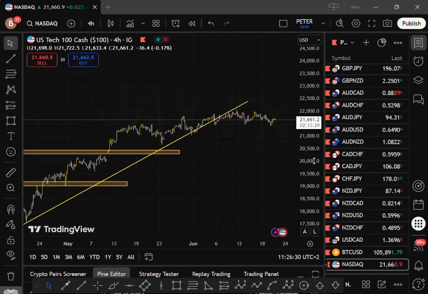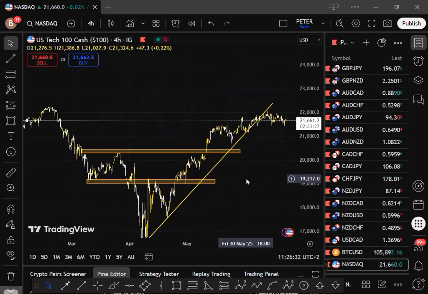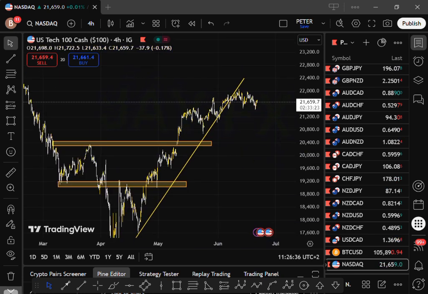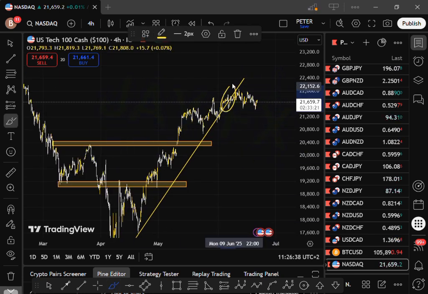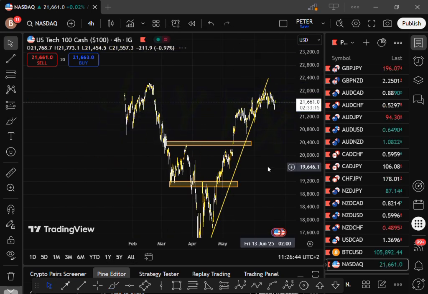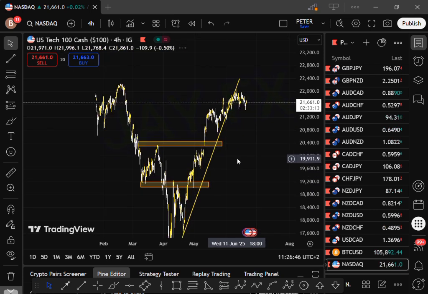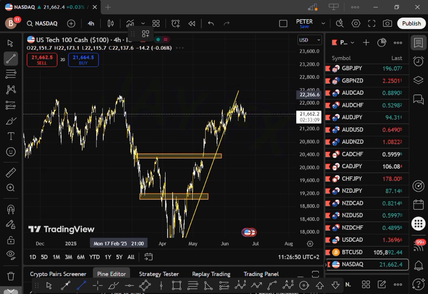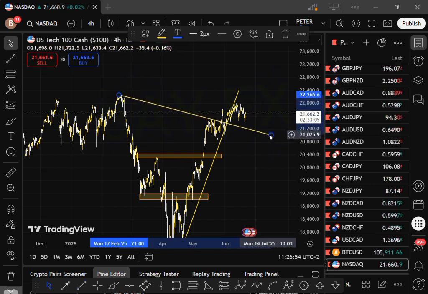So as you can see, I drew this uptrend trend line, and it has been broken here. So now what we're looking for is what we can do with Nasdaq currently. So let's just go and draw this like this. Why are we drawing this like this?